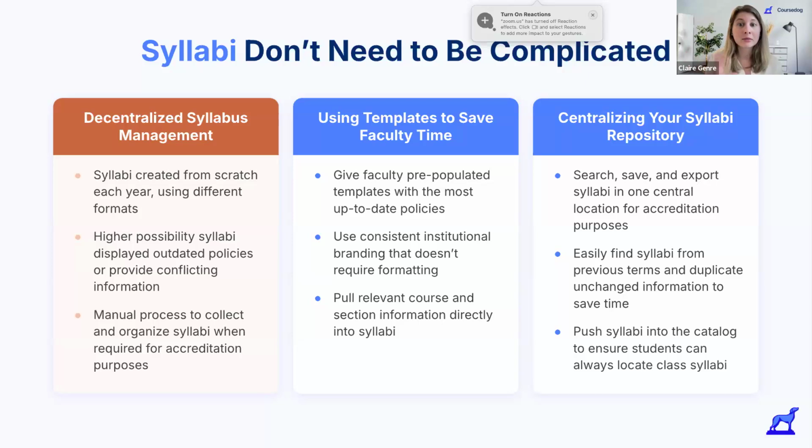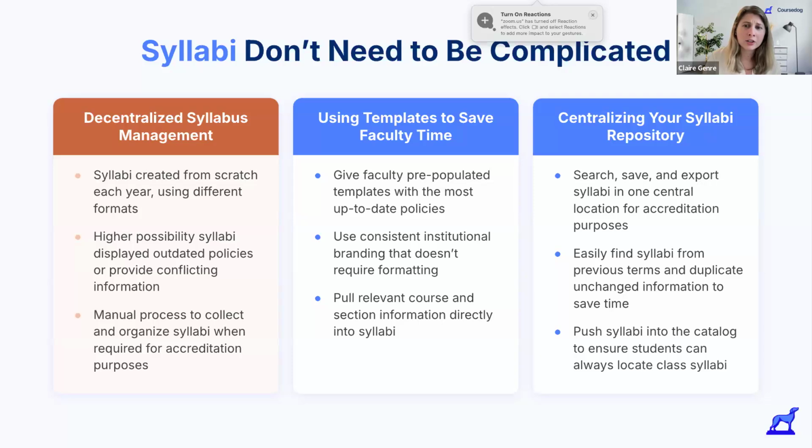So they decide, and sometimes figure out, what structure they should be using and what information they should be including. Faculty typically have to rely on syllabi from previous terms, and depending, actually have to create new syllabi from scratch each term.